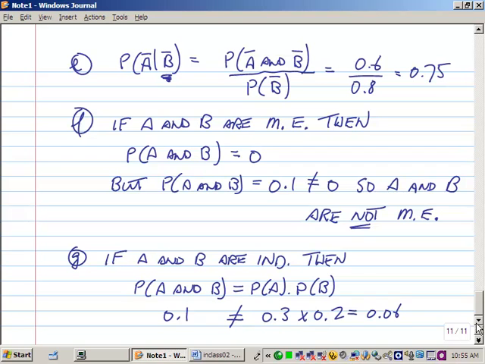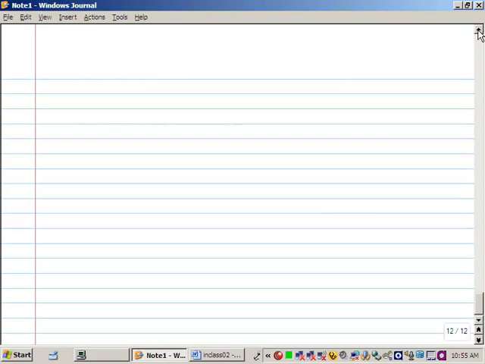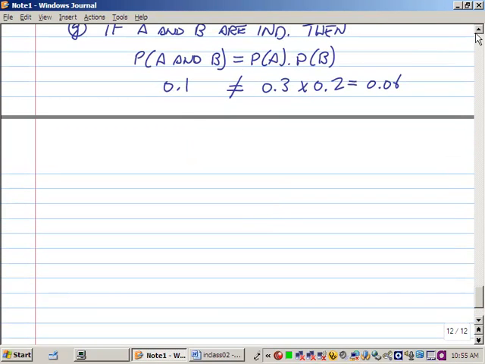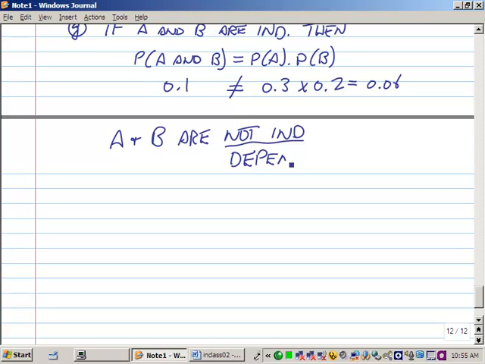These two are not equal, and so the events A and B are not independent, or if you like, A and B are dependent. All right, and that's that question.